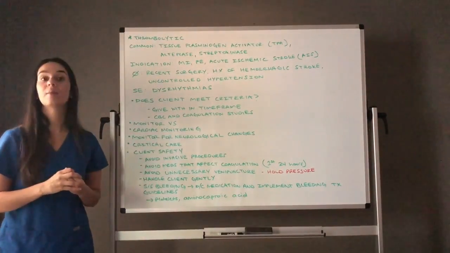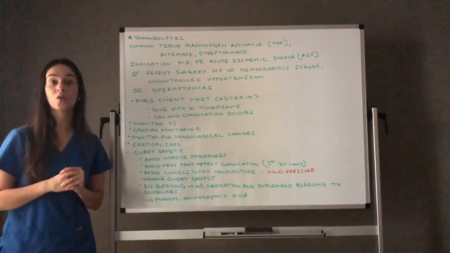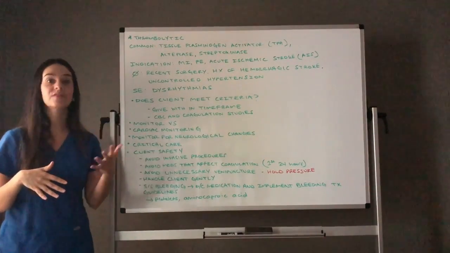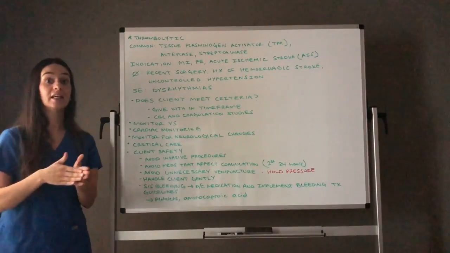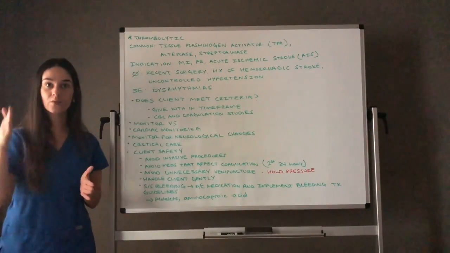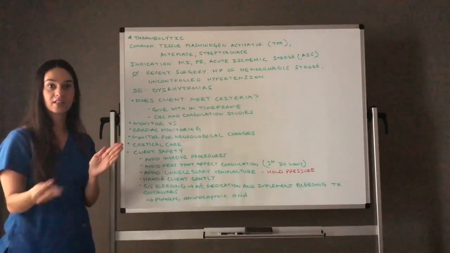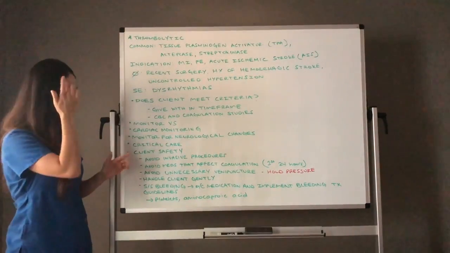So let's say an ischemic stroke client got streptokinase for an ischemic stroke at 1500 on 3-1. They cannot get any other drugs, not even a baby aspirin, until 24 hours later. So we need to protect them from adding drugs that would affect blood coagulation in those first 24 hours.